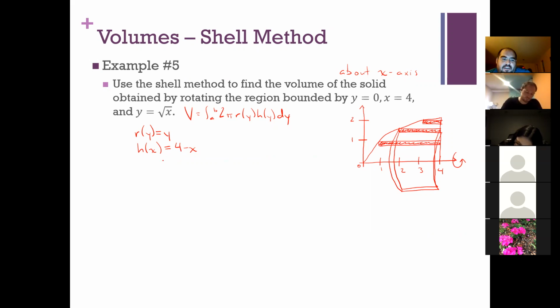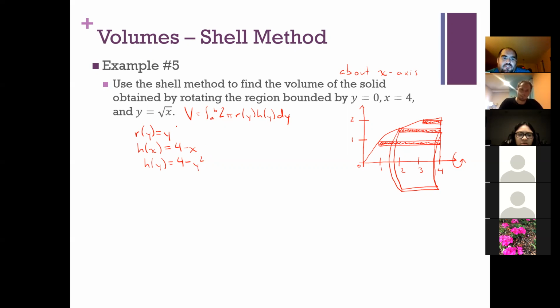So that's a good place to start, but we really want height to be in terms of y. So I really have to express this x in terms of y. How would I do that? Y squared.